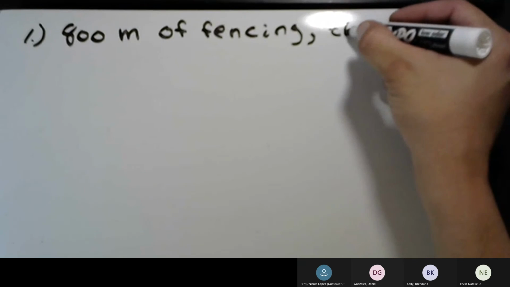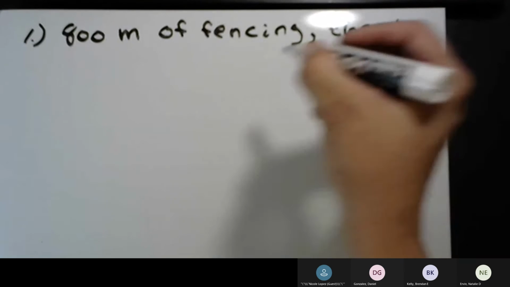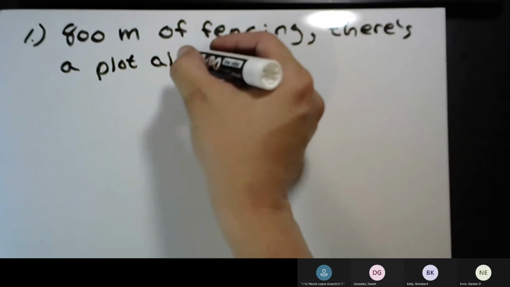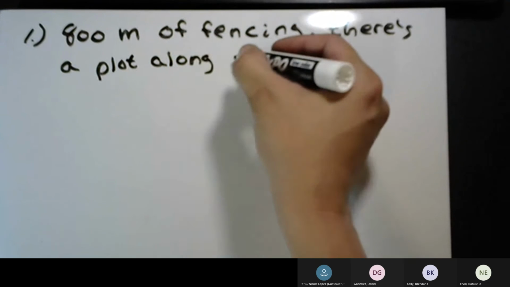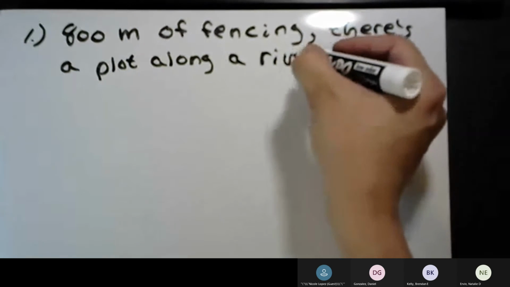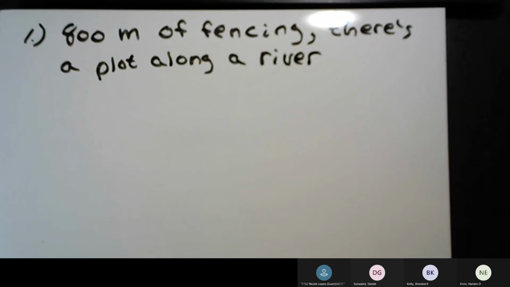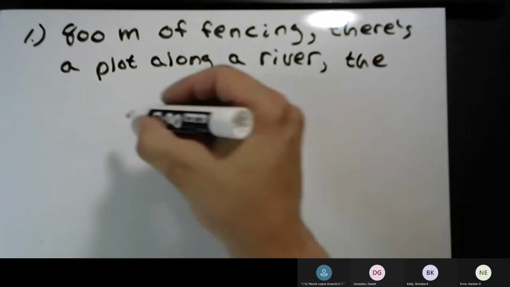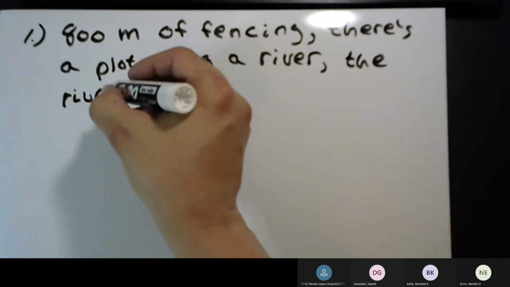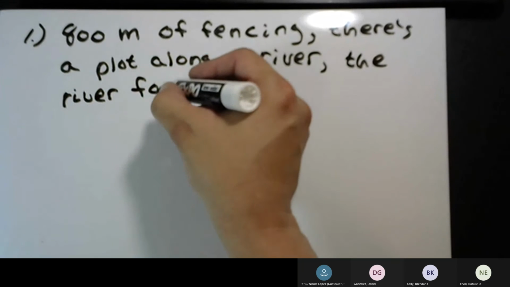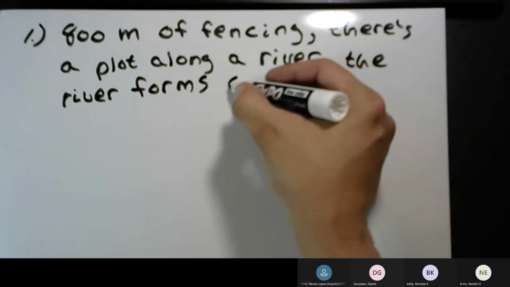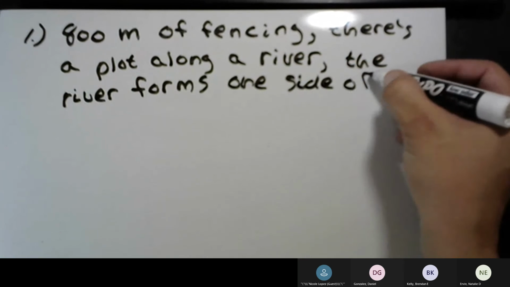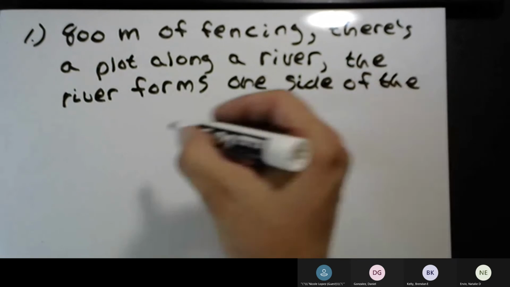There's a plot along a river. The river forms one side of the plot.